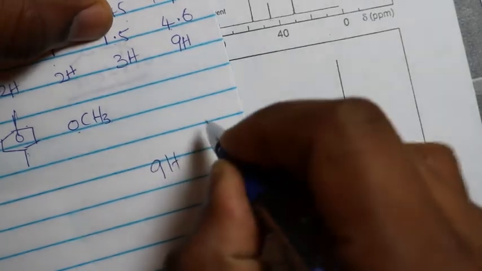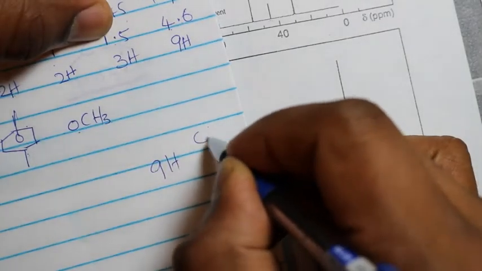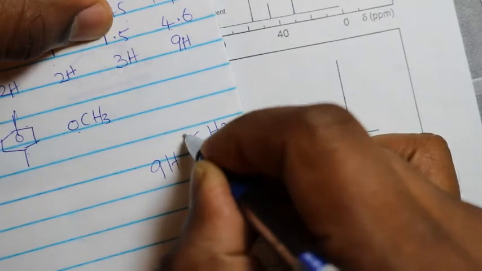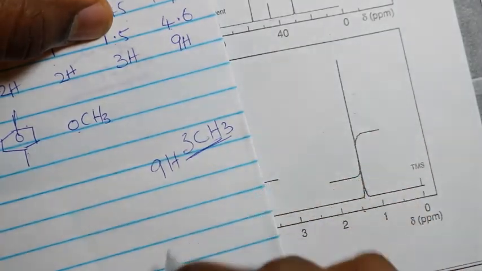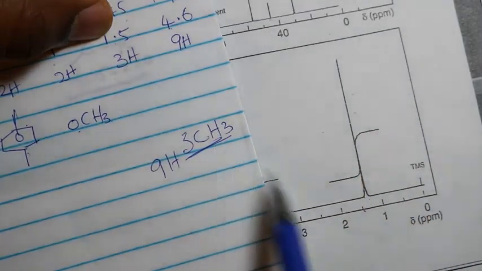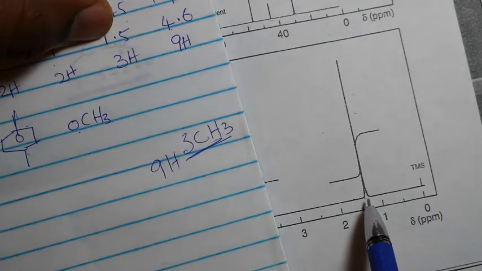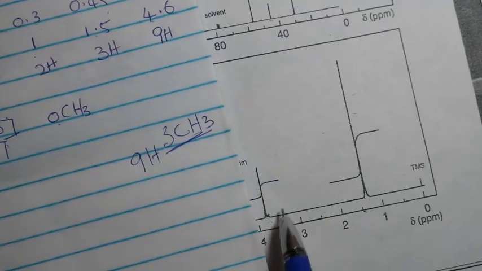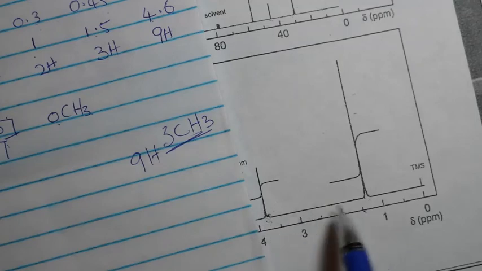So for these 9 hydrogens, we should have 3 CH3 groups, and also these 3 CH3 groups are connected to a carbon with no hydrogens. Just like the way we confirmed this as methoxy OCH3, because the 3 hydrogens are connected to an atom with no hydrogens, because this is a singlet.